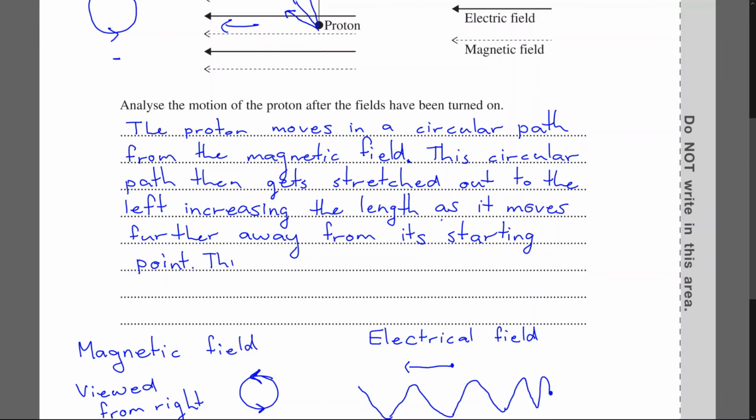This forms a spiral path, a spiral of constant radius in a permanent field, permanent electromagnetic field.